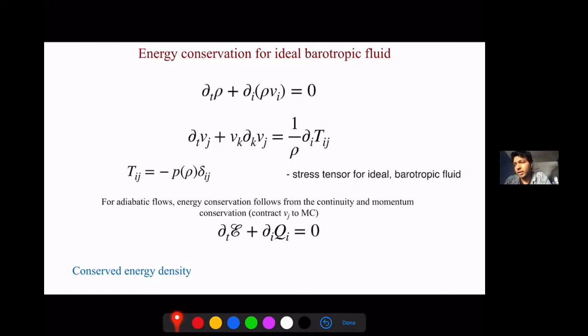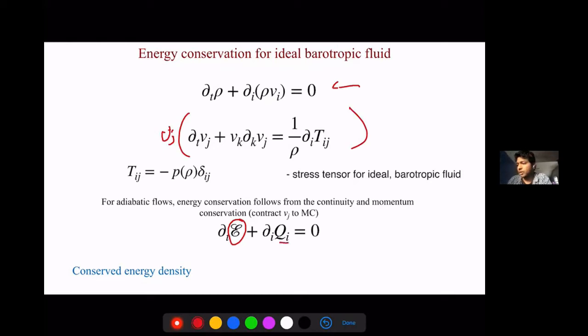So just contract the momentum conservation equation with V_j, and then keep rewriting these equations using the continuity equation till you can express it in the form of ∂_t of some scalar quantity. Since I'm contracting with V_j, it will generate these scalar terms, and then there is some associated energy current Q_i.